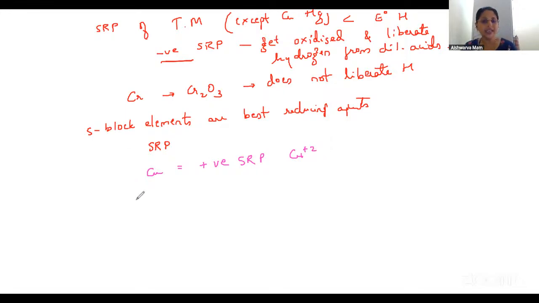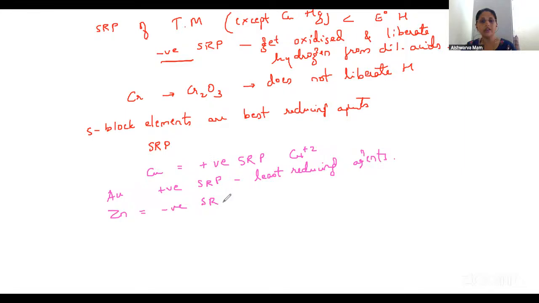If you look at one more element, Au, that is gold, it is having the highest positive value of SRP. Therefore, this is also the least reducing agent. We should be knowing some of the important concepts here. Zinc, Zn, is having negative SRP.